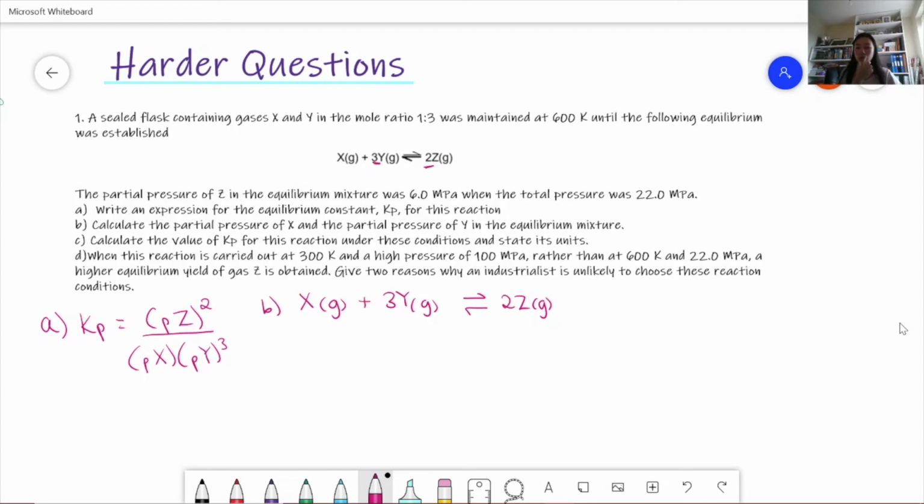We're told that the partial pressure of Z in the equilibrium mixture was 6 megapascals, and this is the partial pressure.